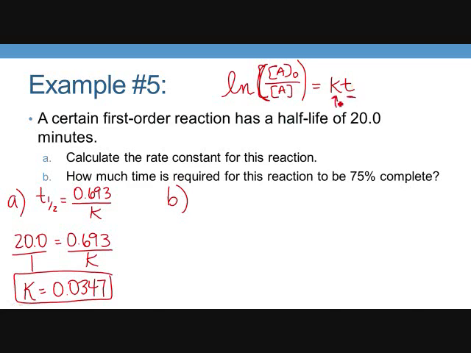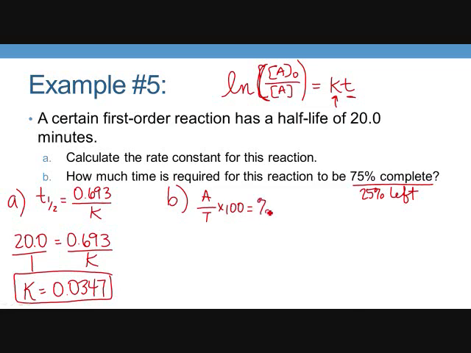We just solved for K, so we're going to plug that in from A, but we need to figure out what that ratio is inside the natural log. Well, 75% complete also means that 25% is left, that is original, hasn't reacted yet. With this ratio, we can think about it as percent yield, where actual over theoretical times 100 gives you the percent.